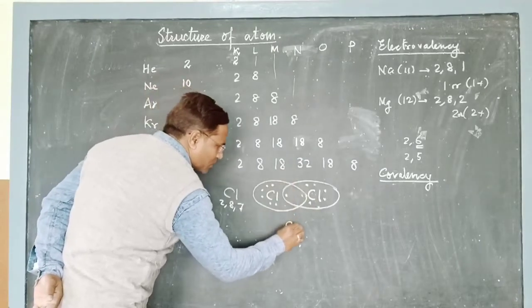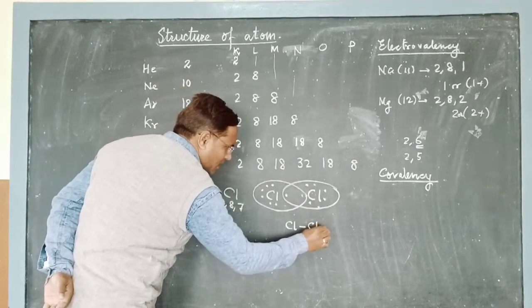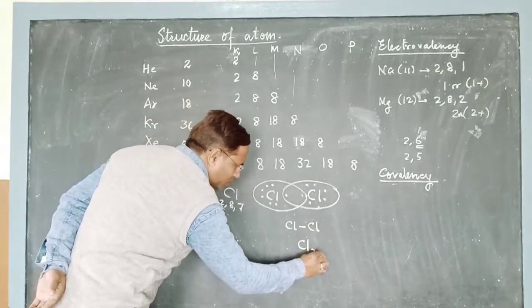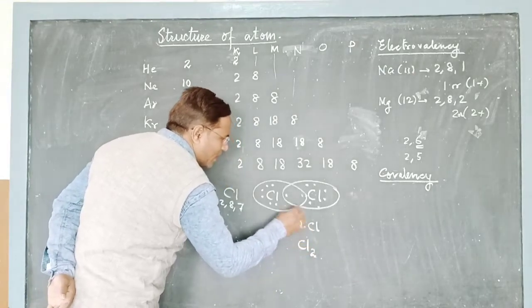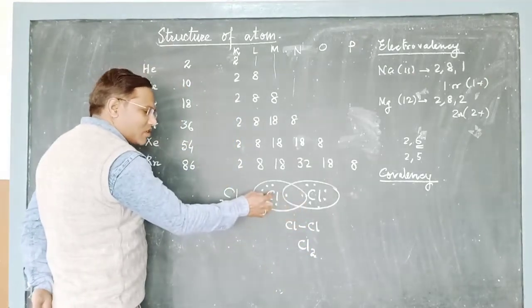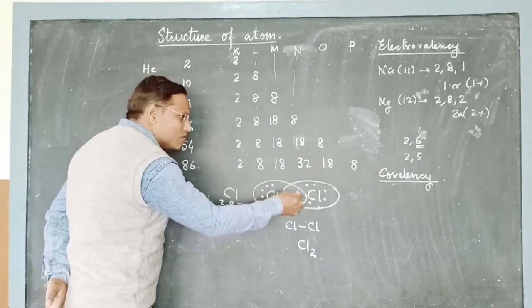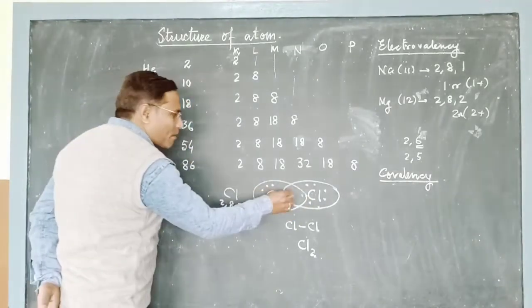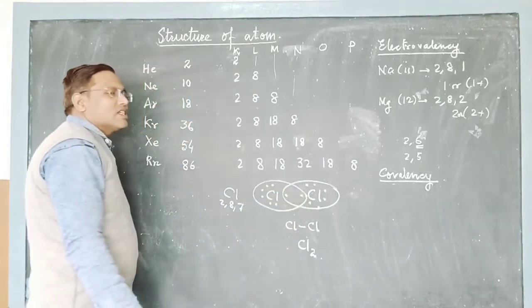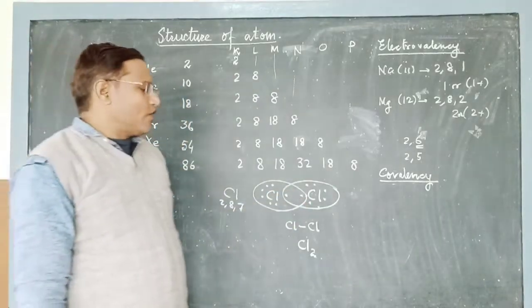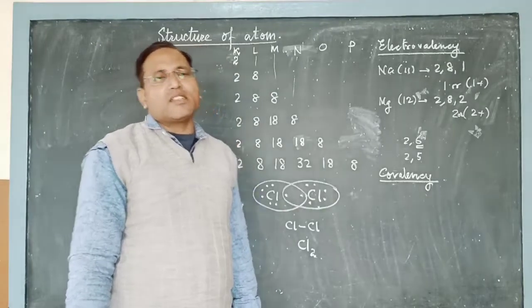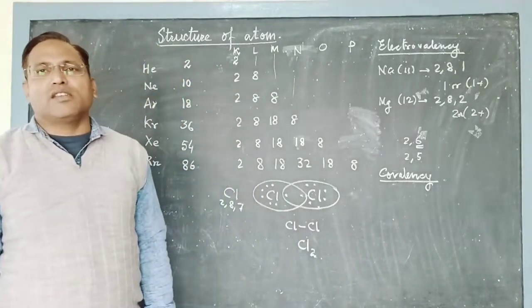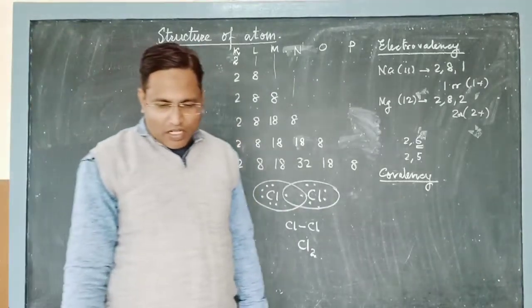So this is Cl, single bond, Cl, and finally it forms Cl2. So how many electrons are shared? This chlorine shares 1 electron, and this chlorine also shares 1 electron. So one pair is there. In this way we can say that the covalency of chlorine is 1. In the same way for hydrogen, covalency is 1.